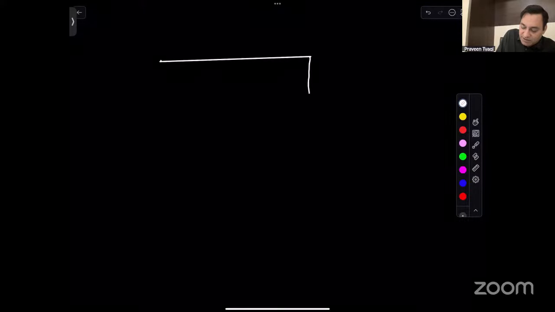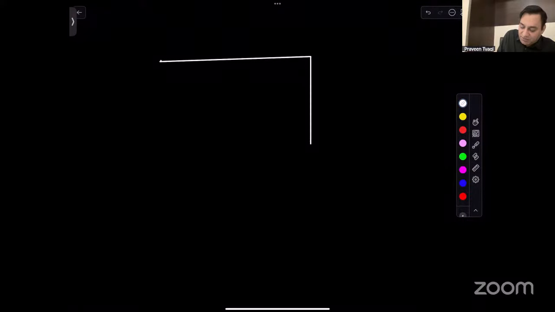Just see this. I am going to do a motion in these directions. A body goes from A to B, then he goes from B to C, perpendicular direction, and then he goes from C to D. Simple question.